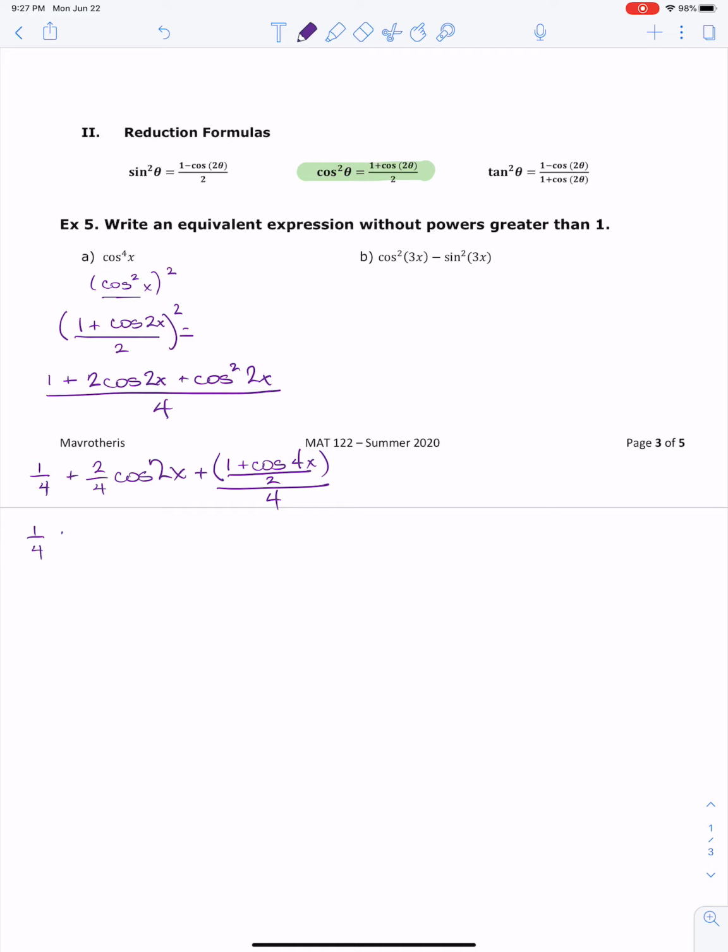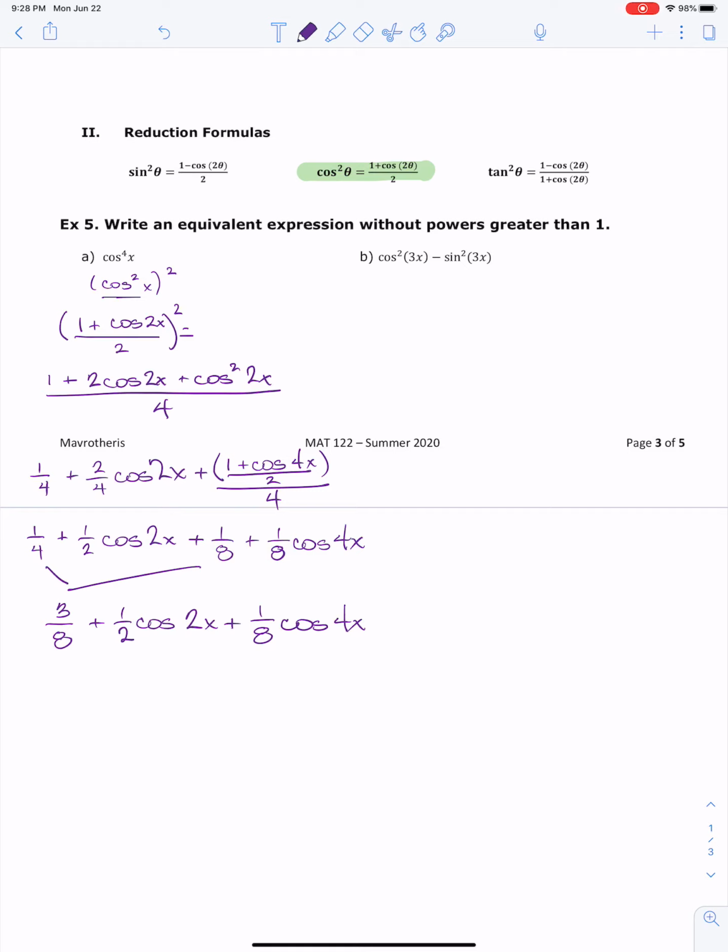You know what I mean about running out of space here? 1/4 plus 1/2 times the cosine of 2x, plus I have 1 over 2 over 4, so 1/8, plus 1/8 times the cosine of 4x. 1/4 plus 1/8, so 2/8 plus 1/8, we get 3/8, plus 1/2 cosine of 2x plus 1/8 cosine of 4x.